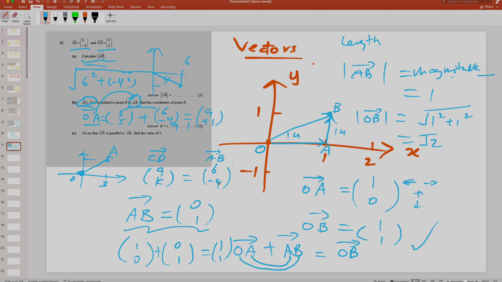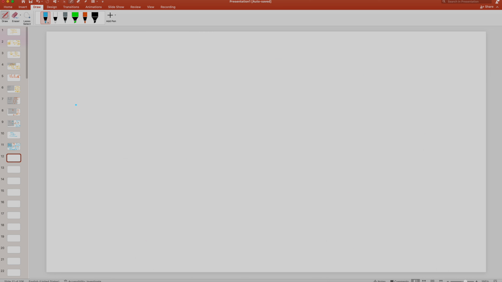Somehow they are related to each other, but there is a scaling factor here. I think I use n here. So if CD is parallel to AB, there is a scaling factor n.